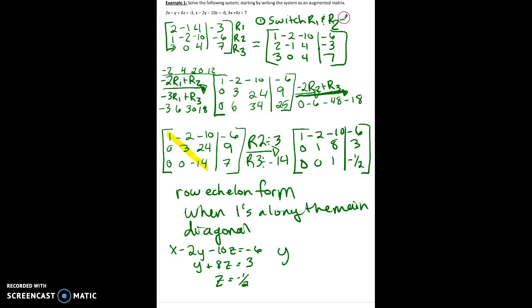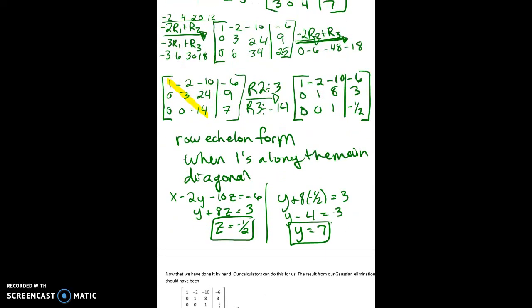So we have y plus 8 times negative 1/2 equals 3. This is y minus 4 equals 3. So y equals 7. So now we have that. One more thing to plug in. We have x minus 2 times 7 minus 10 times negative 1/2 equals negative 6.